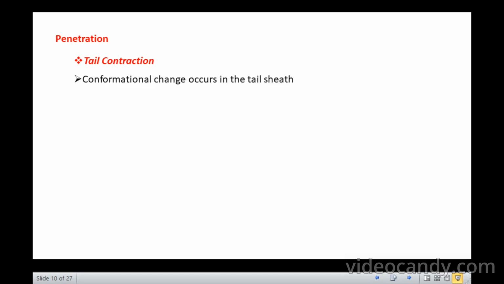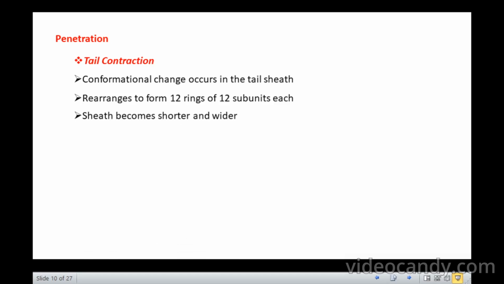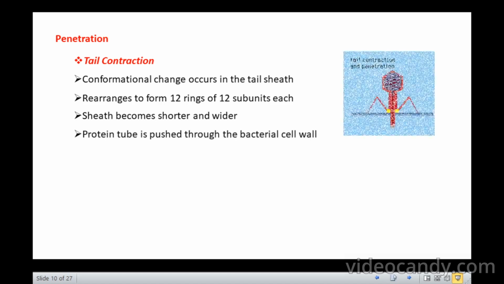The tail sheath, which was made up of 24 rings of 6 subunits each, rearranges to form 12 rings of 12 subunits each. As a result, the sheath becomes shorter and wider, and the protein tube is pushed through the bacterial cell wall, as can be seen in this picture. Thus, it behaves like a hypodermic needle.